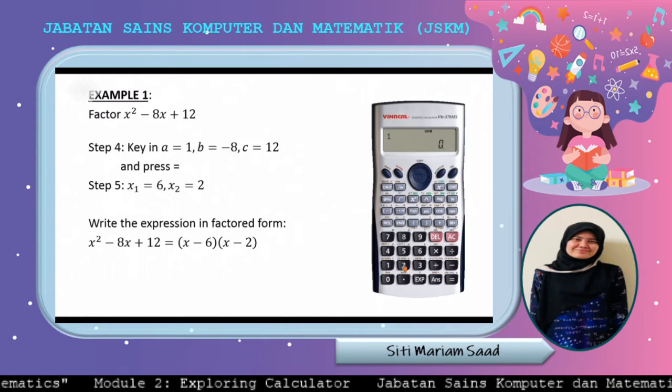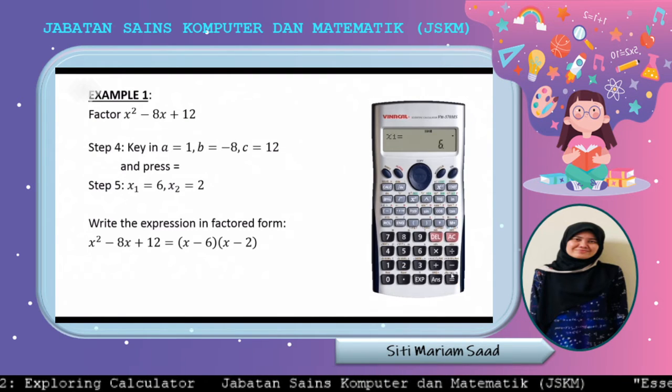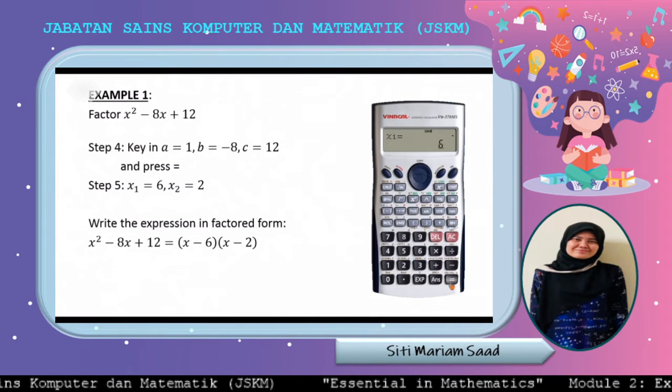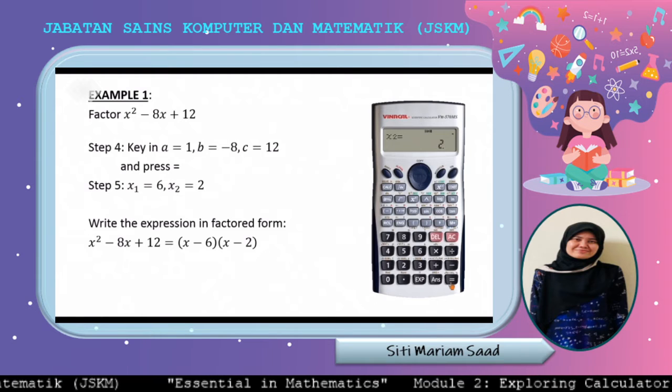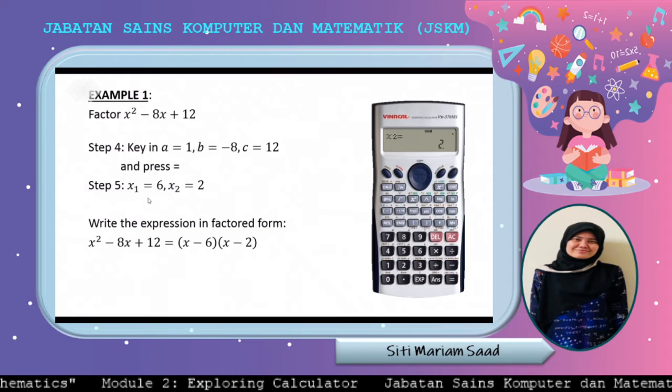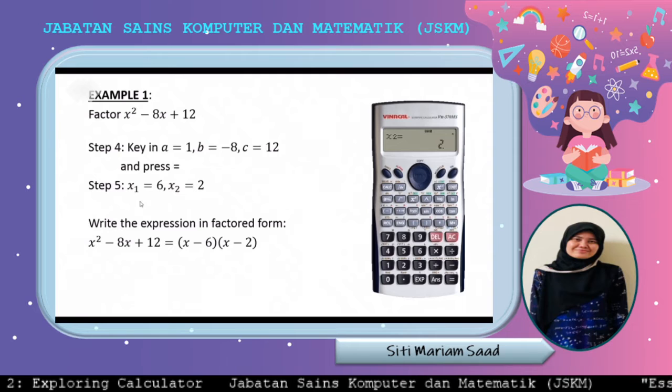Key in 12, then press equal. The first factor has the value 6. For the second factor, we press the equal button, and its value is 2. So the two values for the first quadratic are 6 and 2.